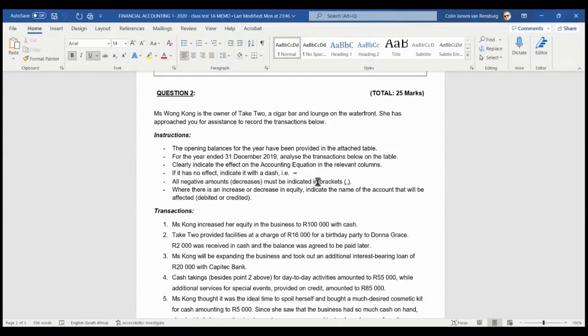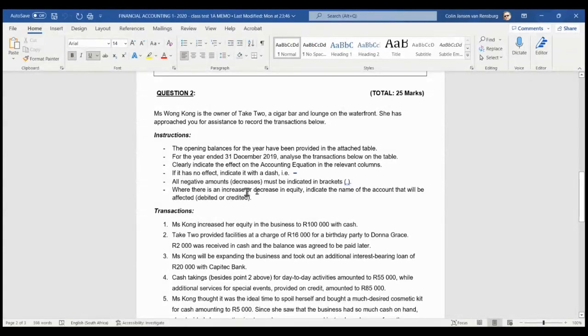Even later on in financial accounting 2 and 3 and 4, you'll see when we draw up our financial statements, if something should be shown in brackets and you do not show it in brackets, then you're not going to get the mark. So if an amount is negative, it has to be shown in brackets. Please bear that in mind. So all negative amounts which represent decreases must be indicated in brackets.